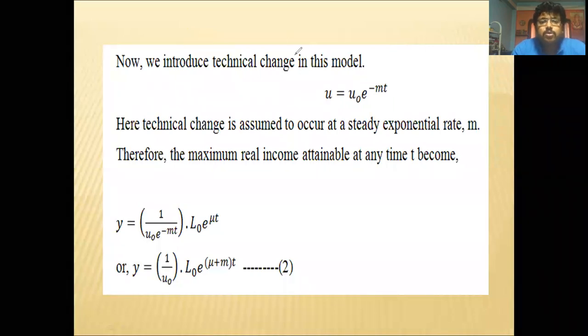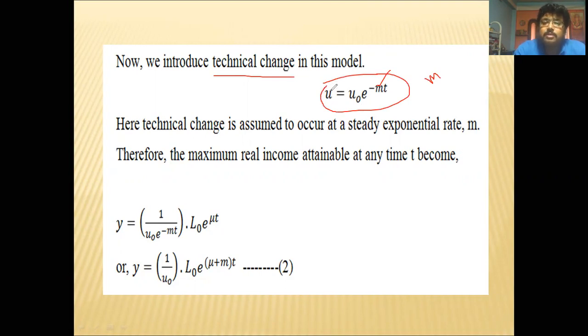We introduce now the technical change in the model. In my previous section I introduced the change in labor force, and now we introduce the technical change that is progressing at the rate of m.